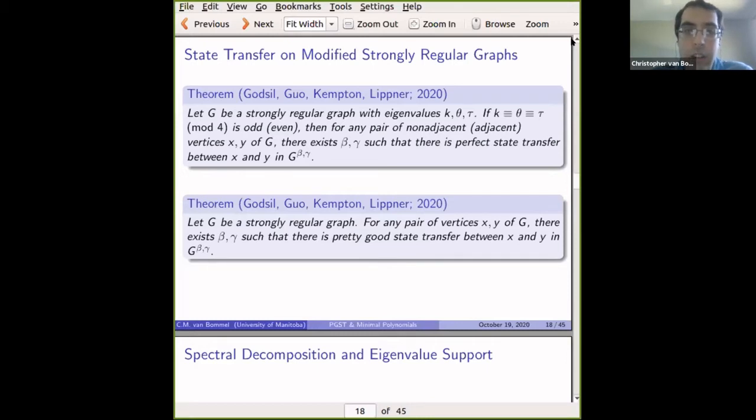And for all of these strongly regular graphs, there's weightings that can achieve pretty good state transfer. There may be a couple other classes out there, but largely this is the examples we have for pretty good state transfer.